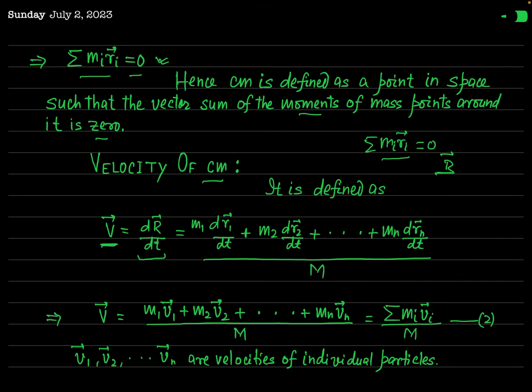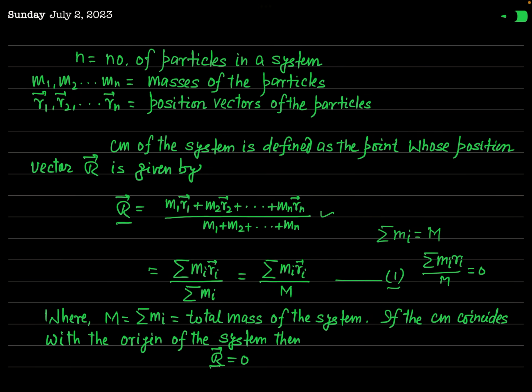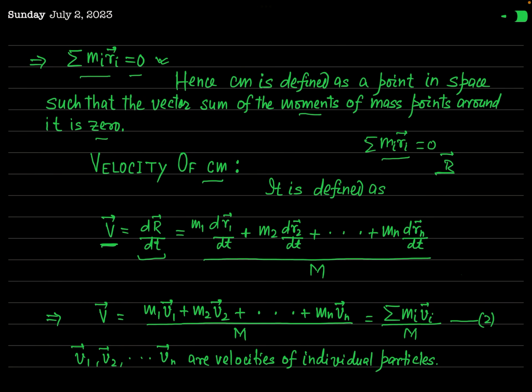But since R is equal to this much, we will differentiate the RHS of this equation. Now m1, m2 and so on, mn are constant factors. So this derivative will be simply m1 times dr1/dt plus m2 times dr2/dt plus so on plus mn times drn/dt. But what is this r1?